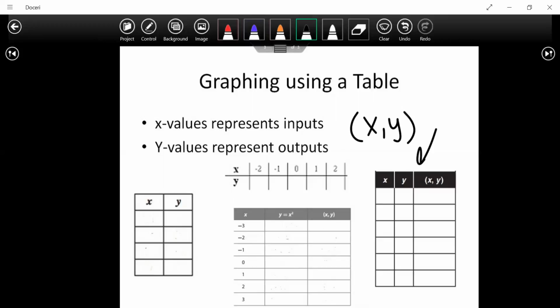About 15 more seconds. Okay, here we go.